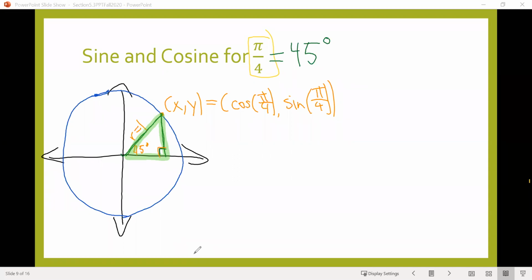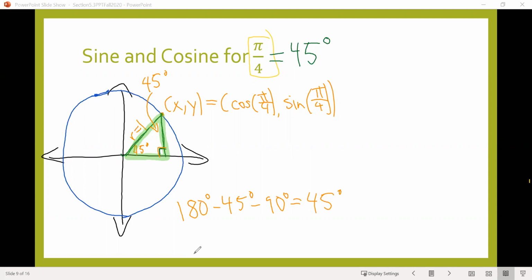Because the sum of the interior angles of a triangle is 180 degrees, if we do 180 degrees, take away 45 degrees and take away 90 degrees, we find that the measure of that missing angle up there is also 45 degrees.